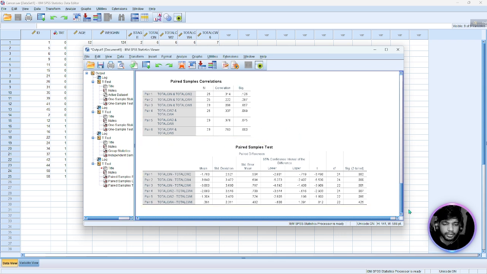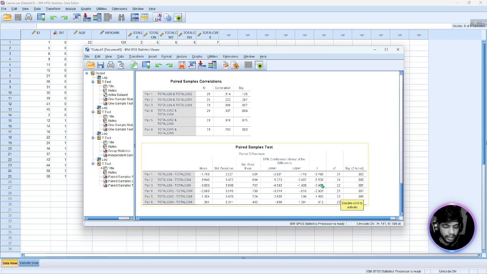In this way we can say t of 24 is minus 3.490. Here the negative value says the sample mean is less than the comparison mean, right?